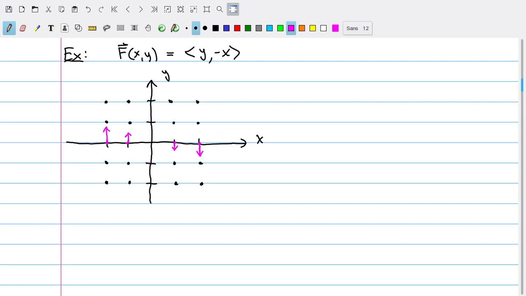On the y-axis, at the point 0, 1, I'm ending up with the vector 1, 0, which is pointing in the rightward direction. It's about a length of 1. And at 0, 2, I'm getting the vector 2, 0, so it's going to be about double the length again. And similarly down below, but pointing the opposite direction.